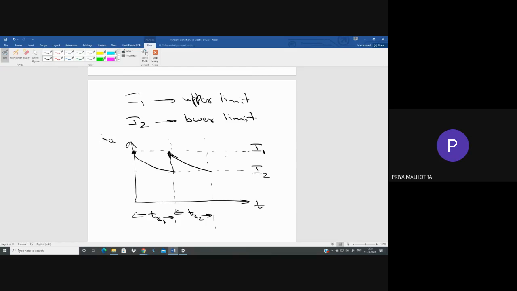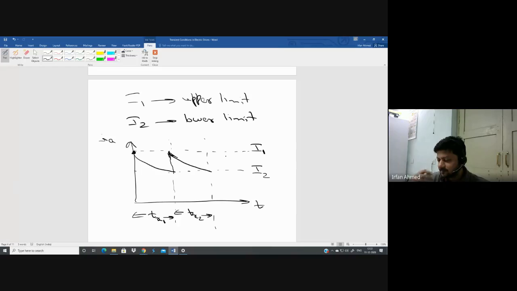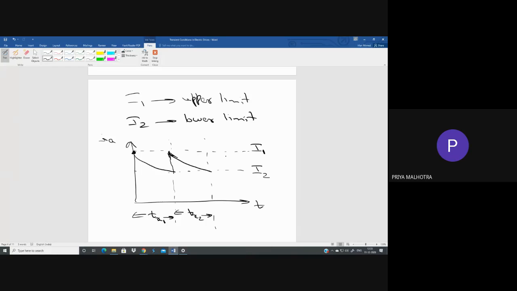When we have changed the value of the external resistance, at that instant our current goes high.